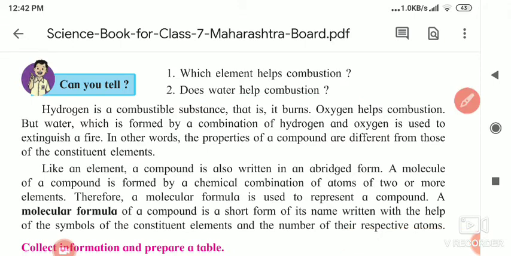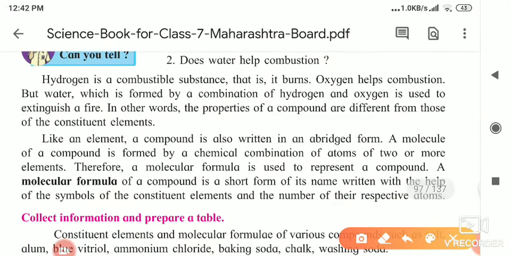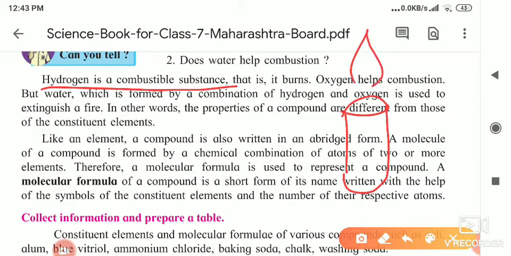Now here is what they told you. Hydrogen is a combustible substance. The meaning of it is that when we do the experiment, if we take hydrogen gas and hold a burning matchstick in front of that hydrogen gas, then that gas burns itself with a pop sound.